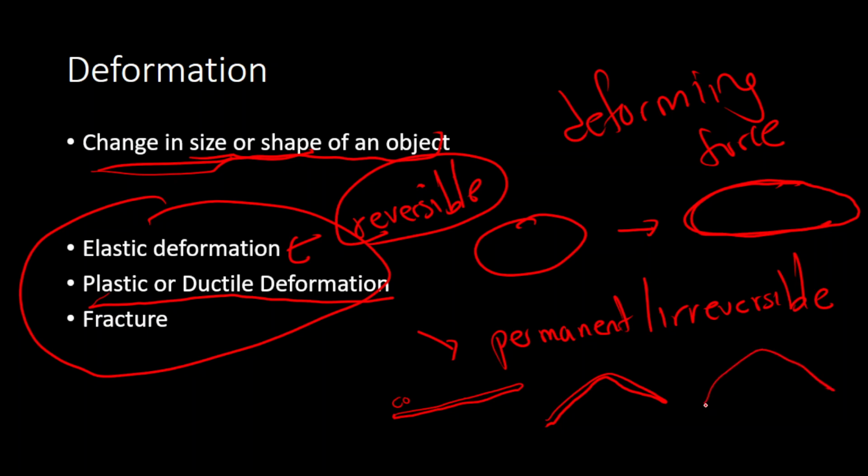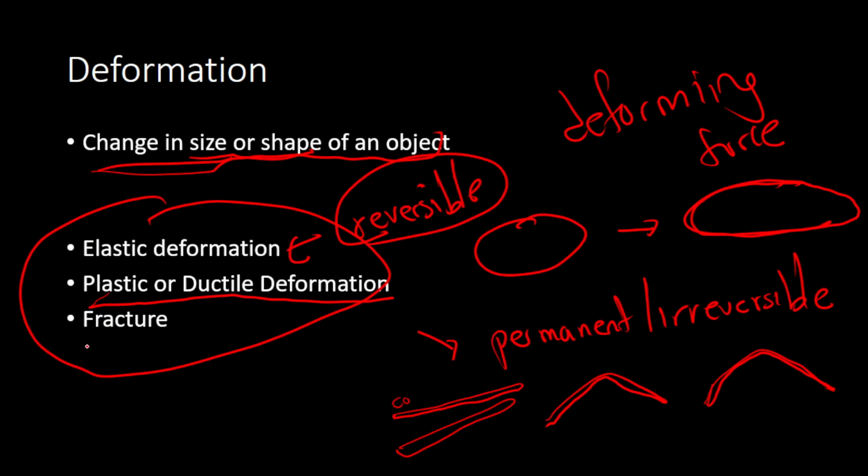It still appears bent. It doesn't go back to being a straight piece of wire. So there are times when we bend something and it just stays like that. That is plastic deformation. It's a kind of deformation where there's a change in the shape or the size of an object, and it is non-reversible. So once the force is removed, this material stays the same way.